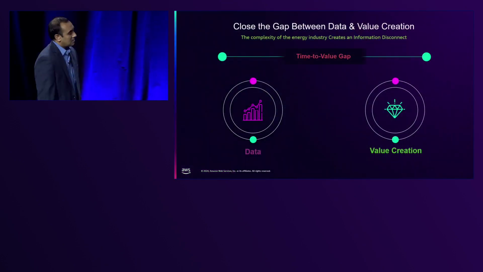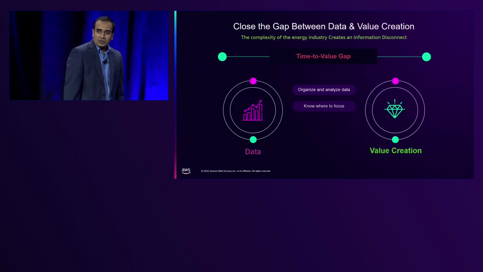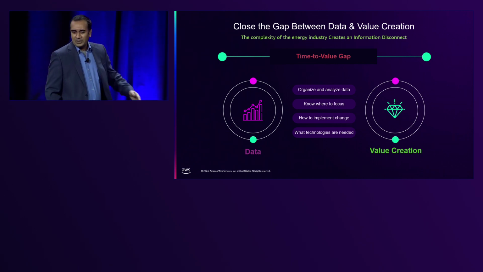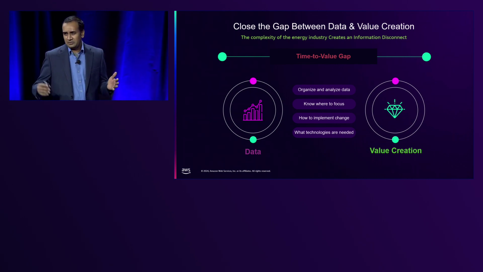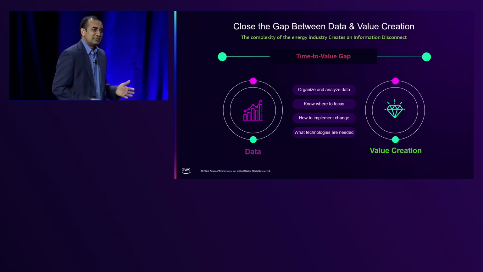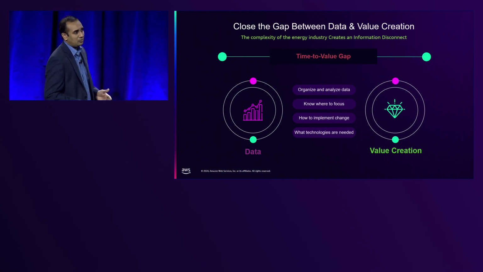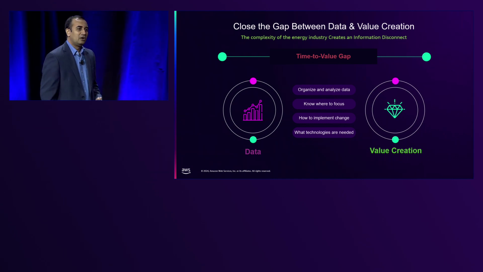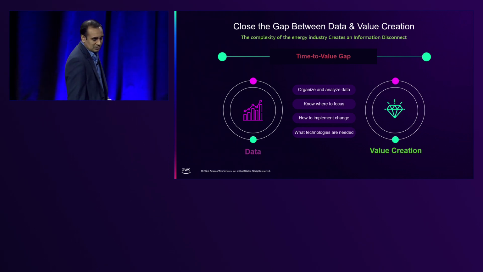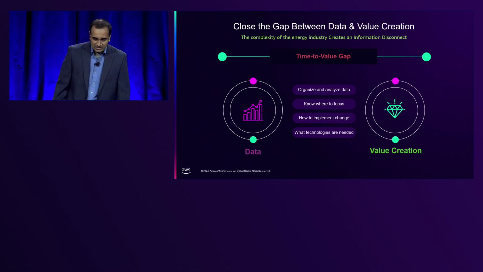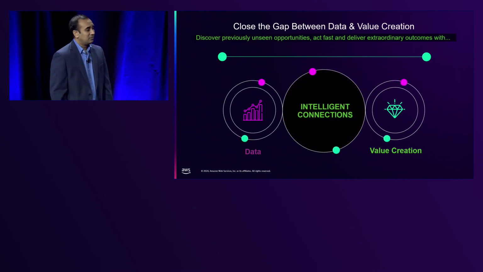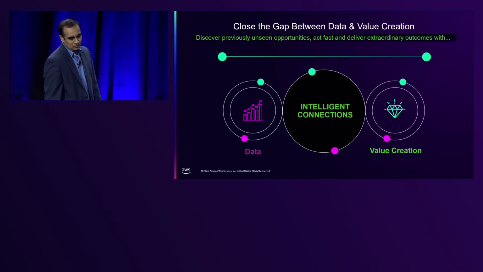So yeah, let's start here first. The challenge everybody is facing today is the gap between your raw data and the value you want to create, right? Same thing, the energy industry has mountains of data and the value is buried within that. So how do we unlock this? This is where it creates the information disconnect, and how Enverus solves the problem is through intelligent connection.